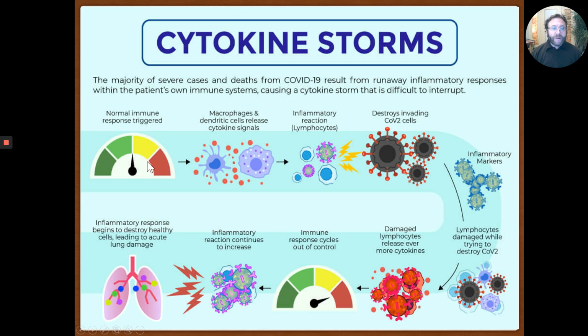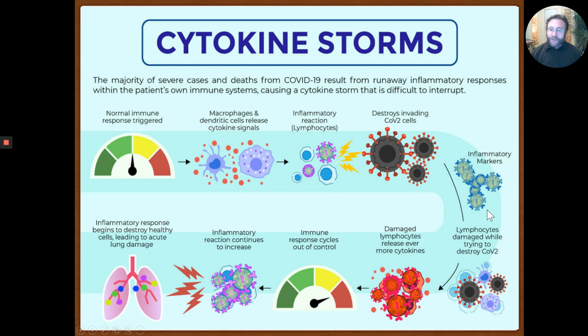A normal immune response is initially triggered, which brings in those phagocyte cells and those antigen-presenting cells we talked about. And they'll release an inflammatory reaction to try to kill some of these cells. Basically, the body's really nervous about this new invader.